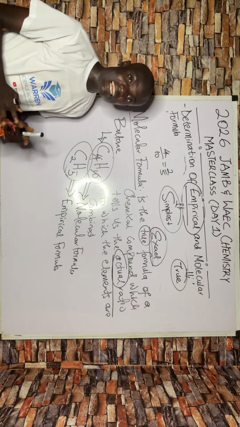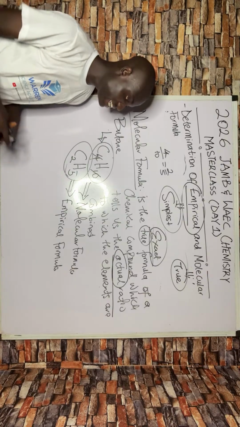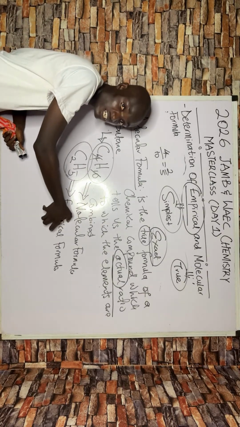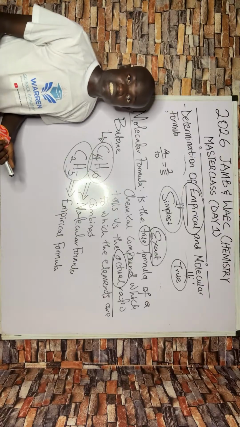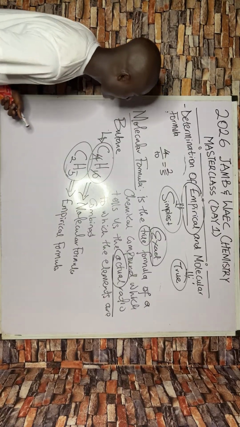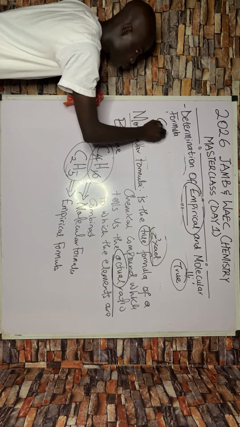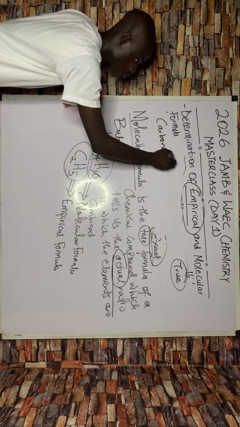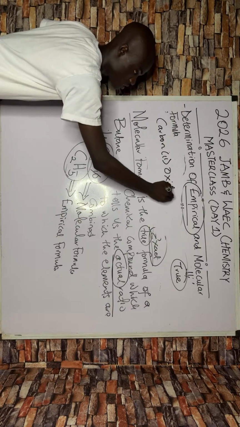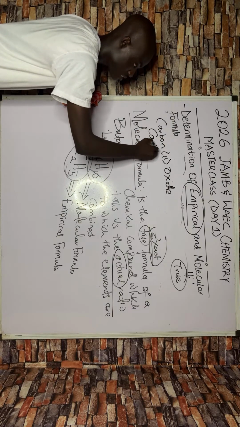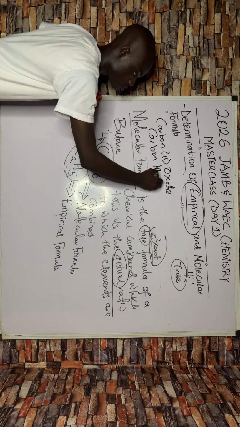So like I said earlier, some compounds have a different molecular formula from the empirical formula, while some can just be the same. For example, we have what we call carbon 2 oxide, or the old name is carbon monoxide.